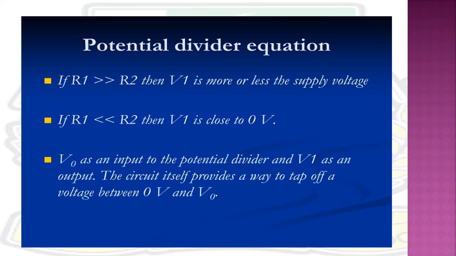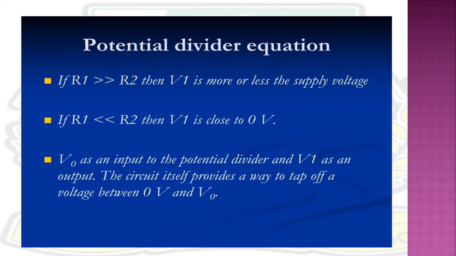A few points to keep in mind: if R1 is greater than R2, then V1 is more or less the supply voltage. If the value of R1 is less than the value of R2, then V1 is close to zero voltage.